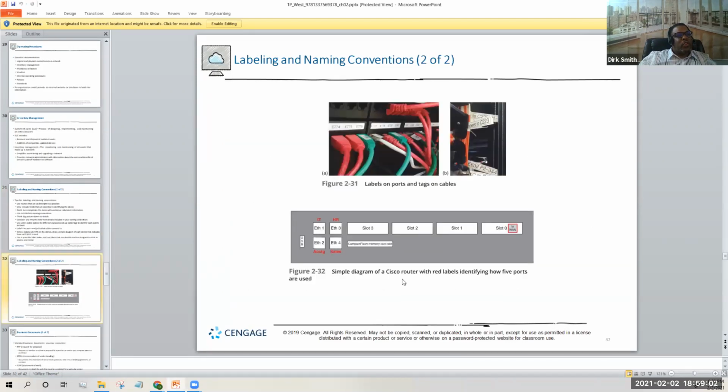So right here, it kind of shows you how important labeling is. And this is typical. You have all the jacks here, and these labels correspond with the jack in the room or wherever that system is going to be plugged into.